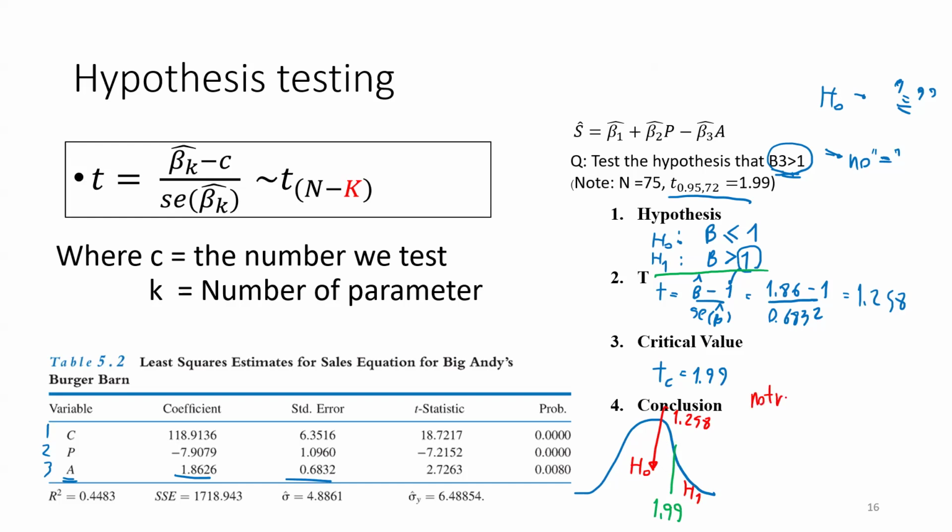Not reject H0. So it indicates that the claim that beta 3 is greater than 1 is not true.